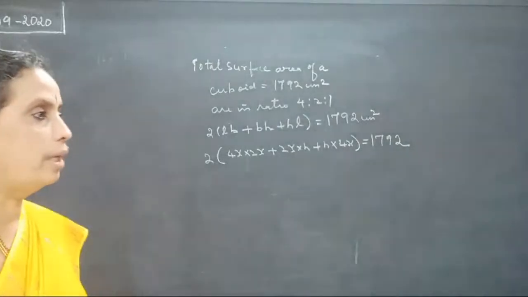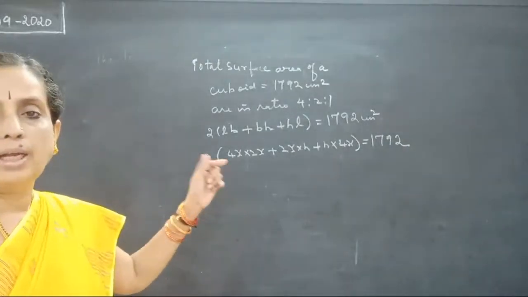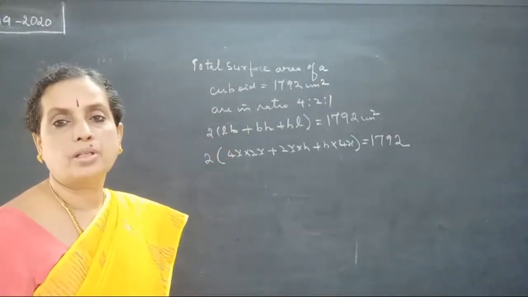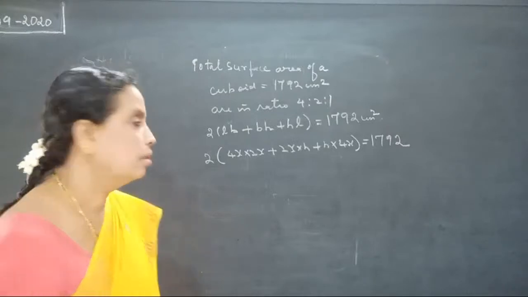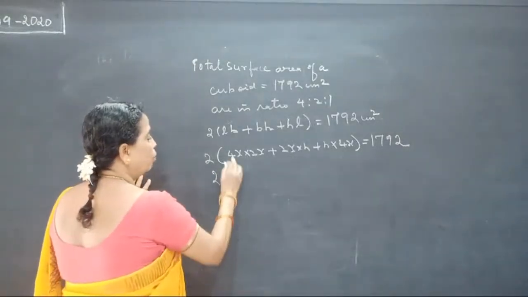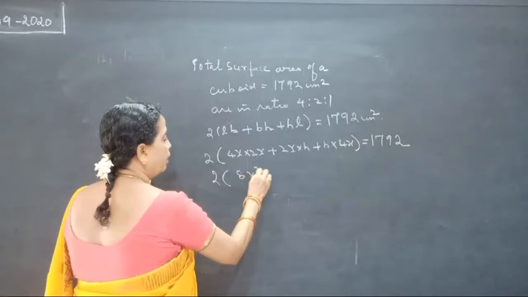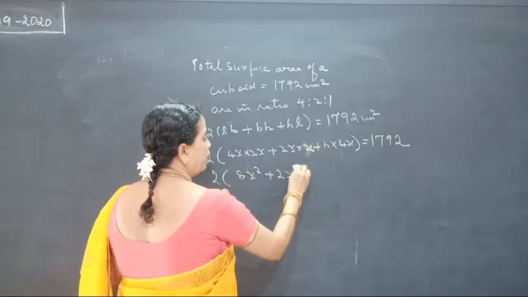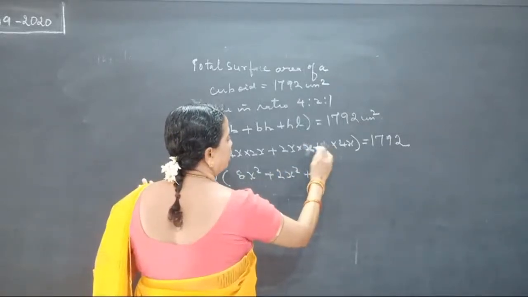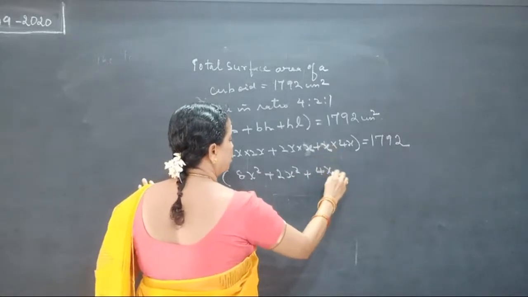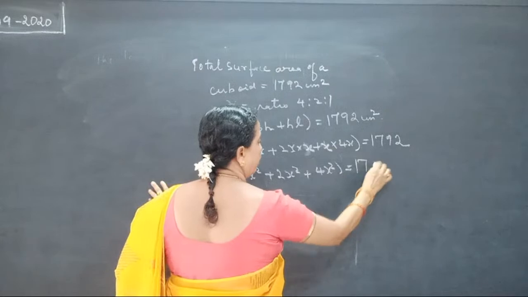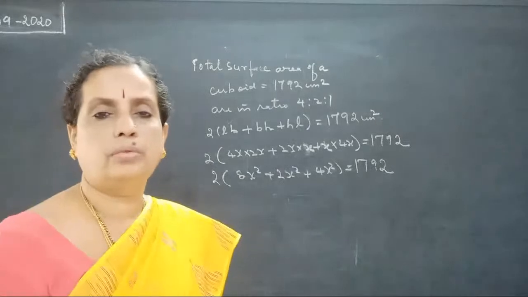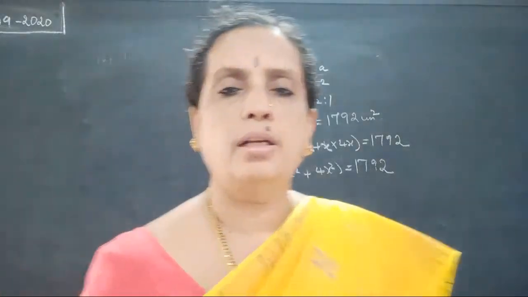On simplifying, you can find the value of x, and substituting that x into the ratio, you will get the dimensions of the cuboid. So now, 2 into 4 twos are 8x square, then 2x square, then 4x square, equals 1792.